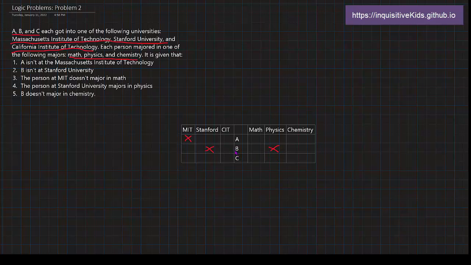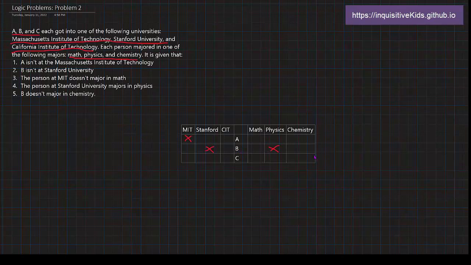Alright, as you can see, we know that there are only 3 people and they each have a different major. So if the person at Stanford majors in physics, but you're not at Stanford, then you don't major in physics. Simple cause and effect there. And B does not major in chemistry either.